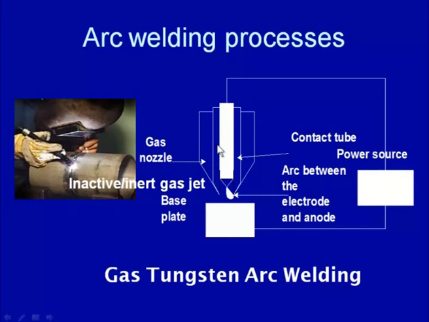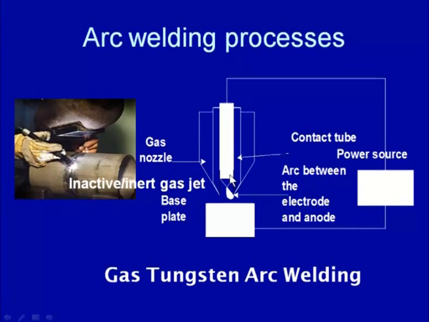In arc welding processes like the gas tungsten arc welding process, the heat is generated by an arc established between the tungsten electrode and the workpiece.